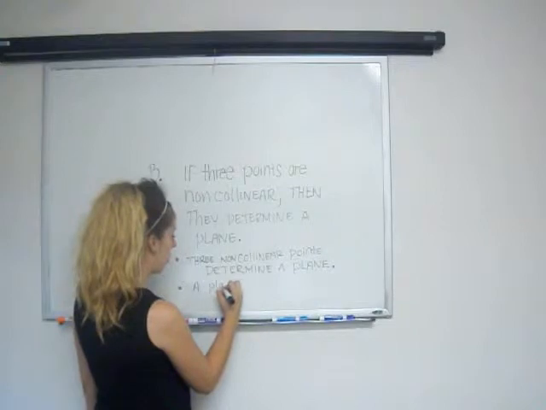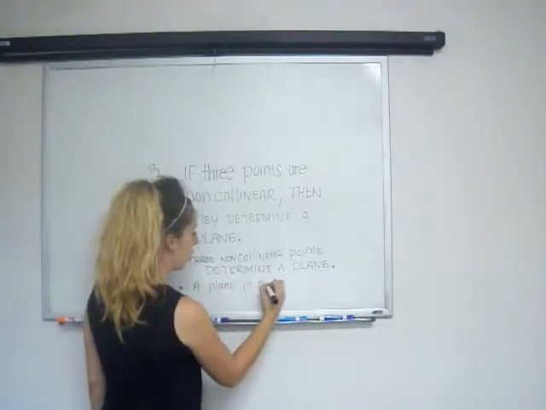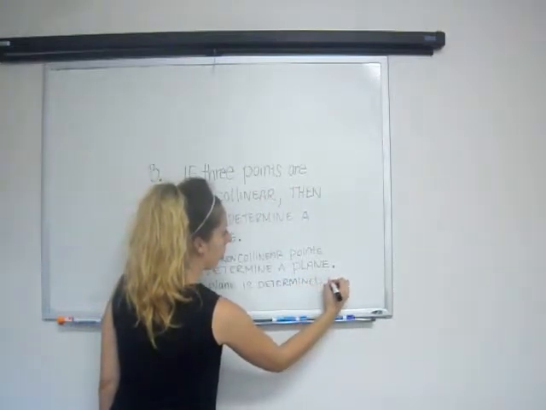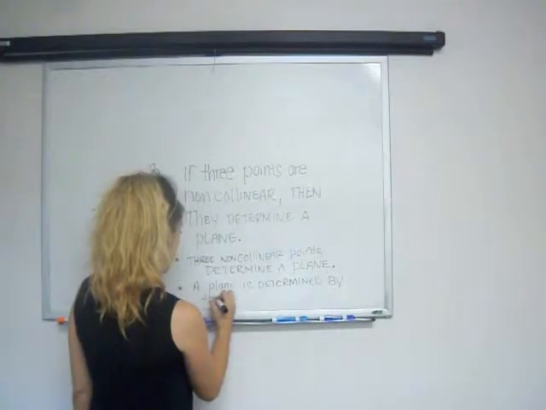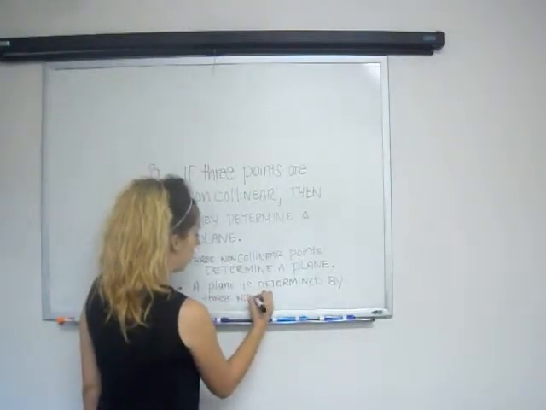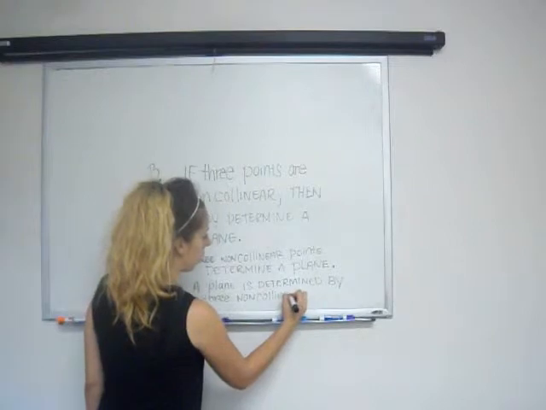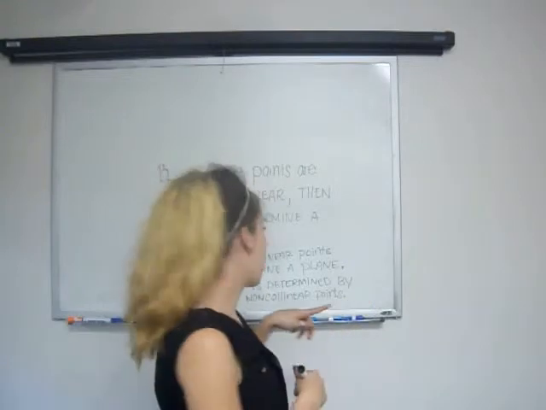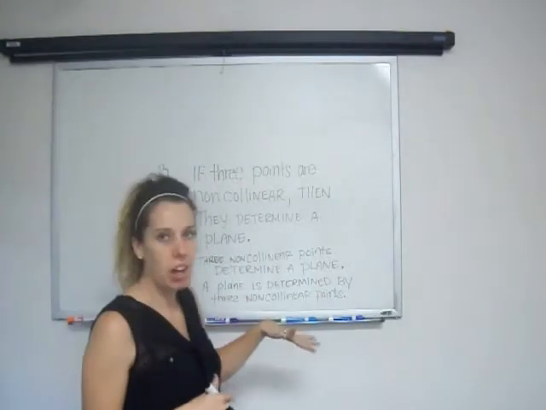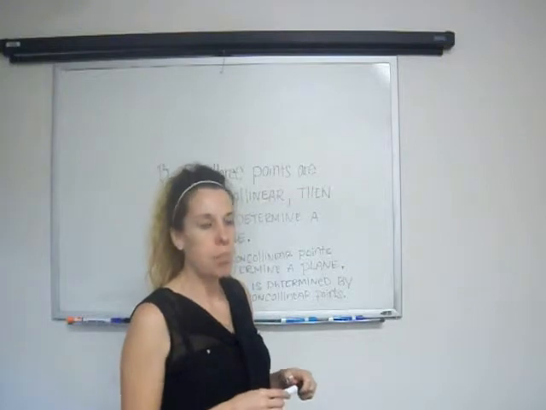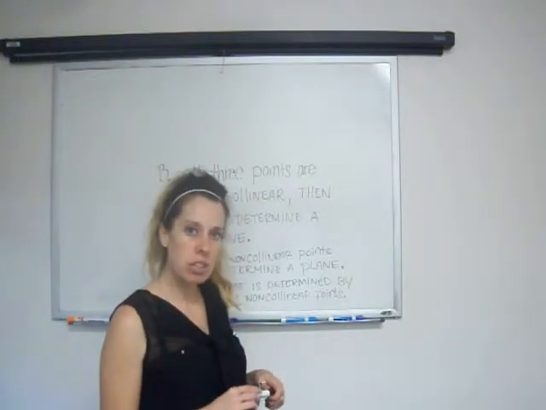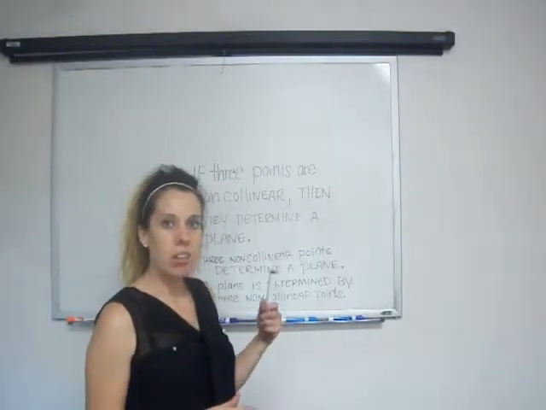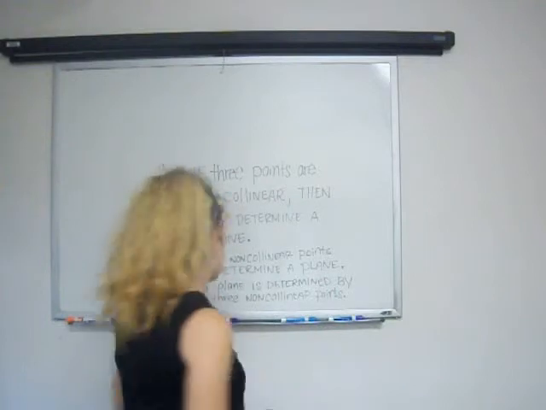A plane is determined by 3 non-collinear points. Okay, so the second way that I rewrote it is a plane is determined by 3 non-collinear points. Okay, both of these are ways that you can rewrite the conditional statement. They're saying the same thing, but they're different ways that you can write it. Okay, let's move on to example C.